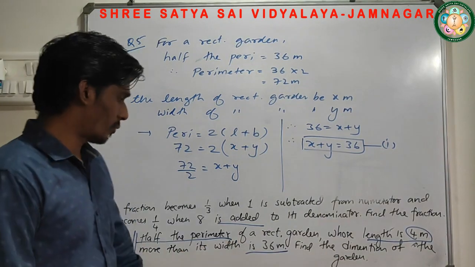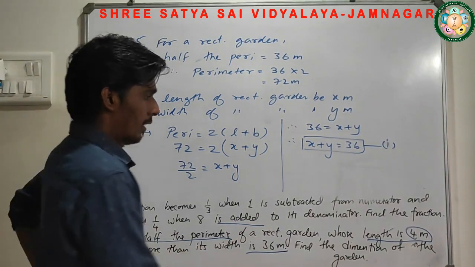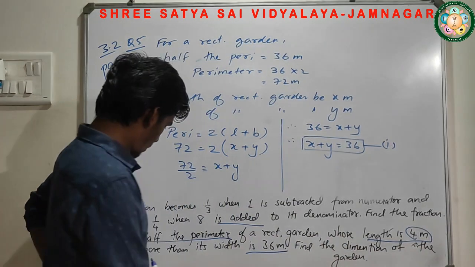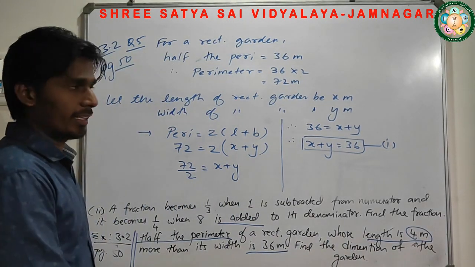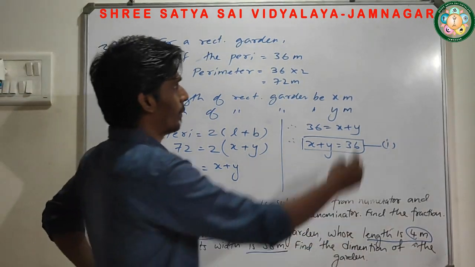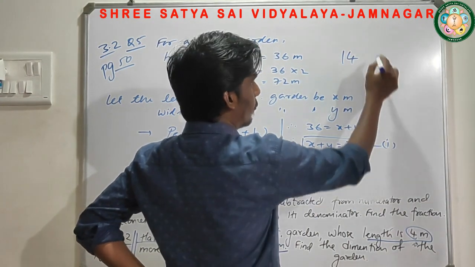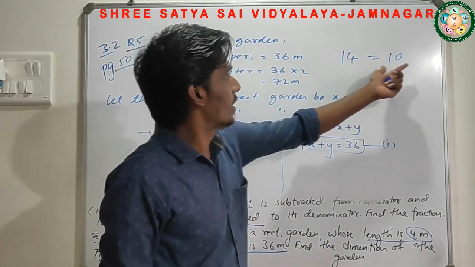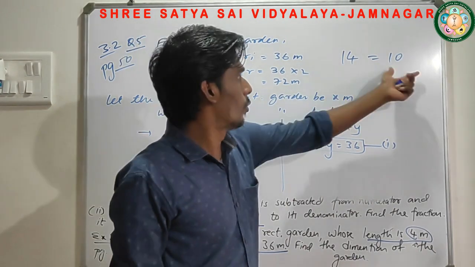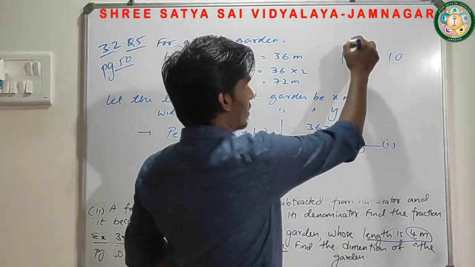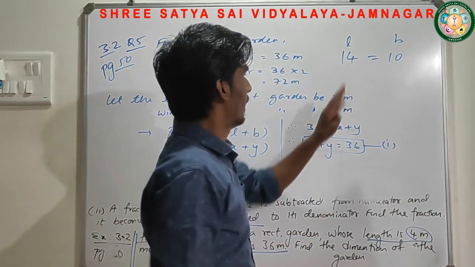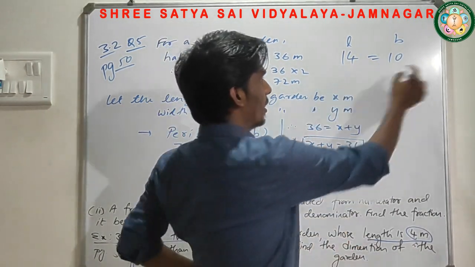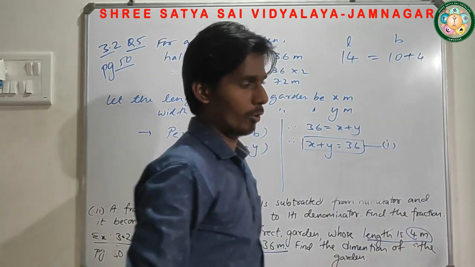Now to find equation 2, it's very simple. The length is 4 more than its width. Just for example, if I write length 14, then breadth is 10, so the length is 4 more. To make them equal, I am going to add 4 to the breadth.